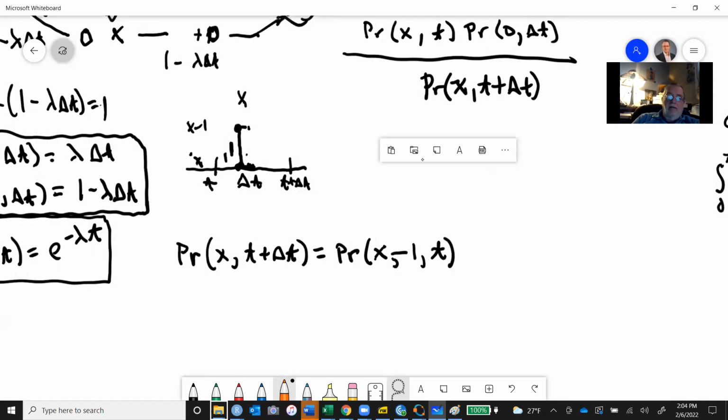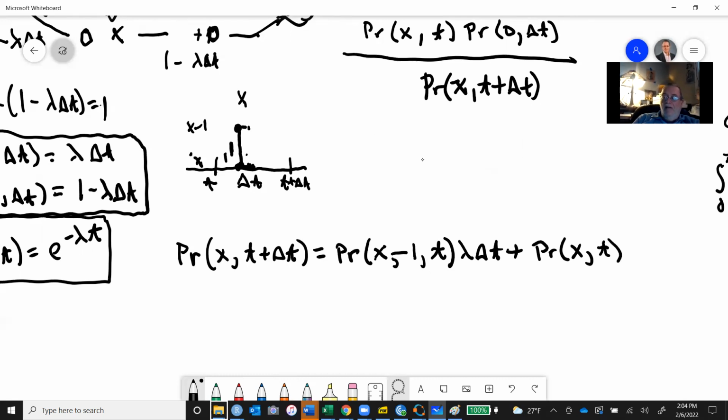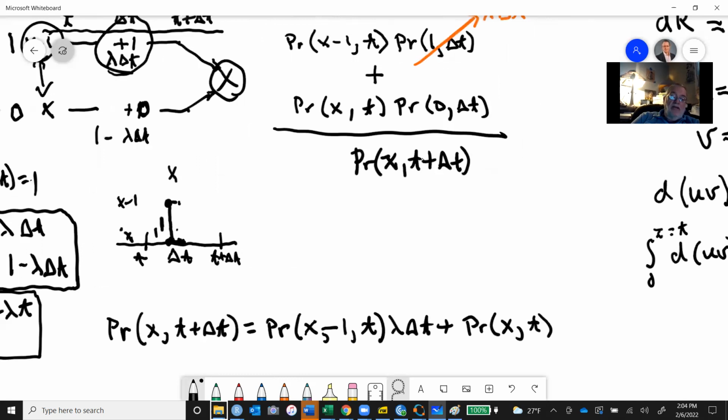Pop that in there. That's the probability of x also at t, and what was that probability? Nobody's coming in again. The probability of nobody coming in is 1 minus lambda delta t, by construction, by assumption. And so we got that.